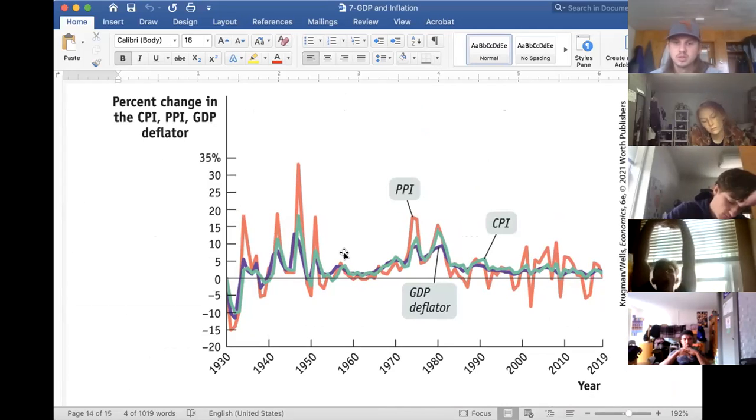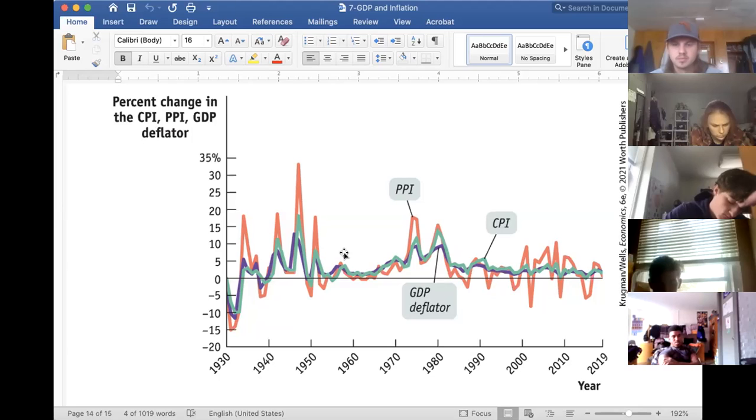The producer price index is exactly the same as the consumer price index, except it focuses on producer goods. It tends to focus on things like raw materials. So if you look here, the producer price index is very volatile. It goes up and down a lot because raw materials tend to have big price fluctuations.